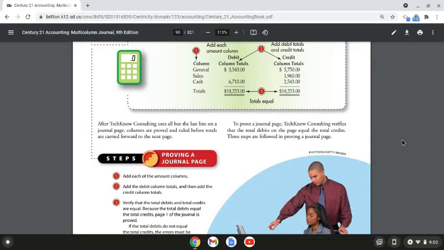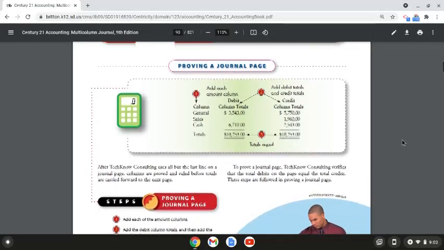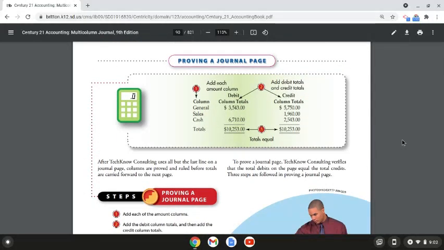And because the total debits equal the total credits, page 1 of the journal is proved. However, if the total debits do not equal the total credits, then errors must be found and corrected before any more work is completed. And what I just explained in those steps is right up here, so I'll give you a moment to look at this as well.